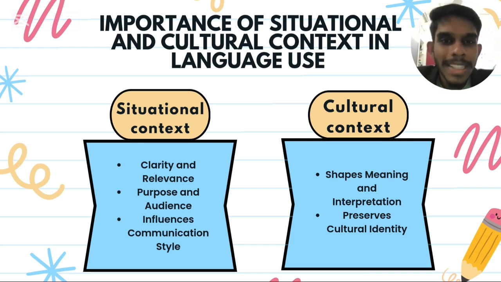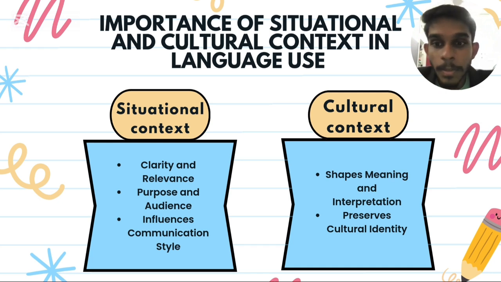Okay, now let's look into the importance of cultural context in language use. So the first one is shapes meaning and interpretation. Cultural context affects how certain words, phrases, or idioms are understood.